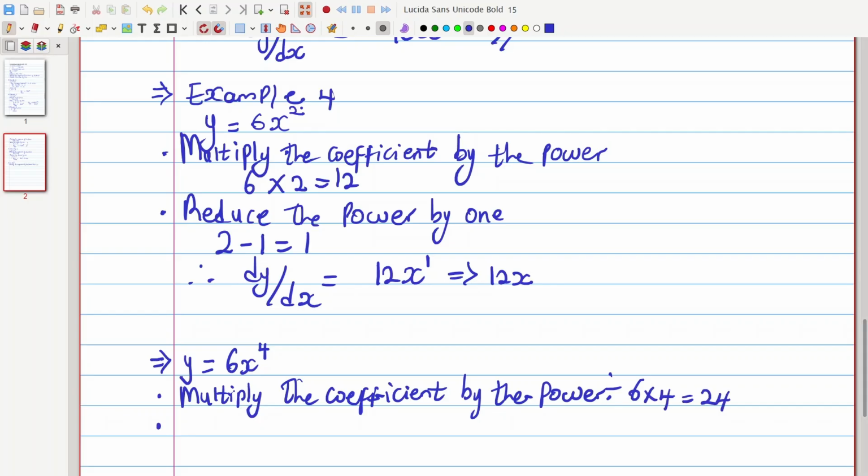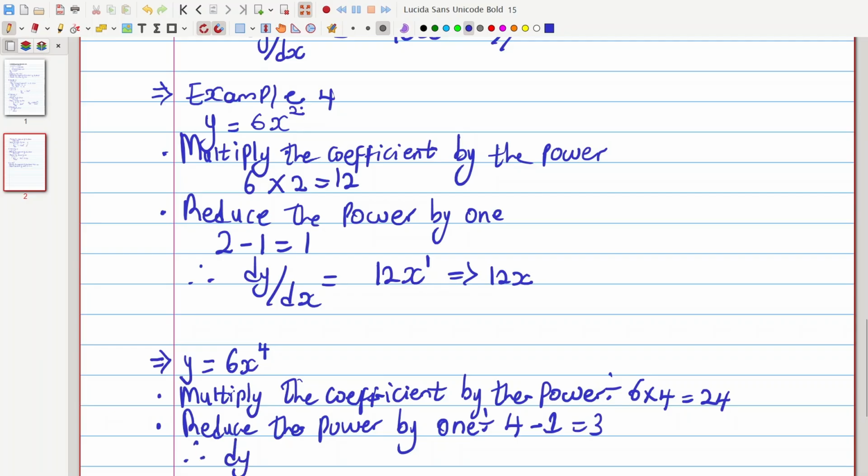And the next step is to reduce the power by 1, which is 4 minus 1, which gives us 3. Therefore, dy/dx is 24x raised to power 3.